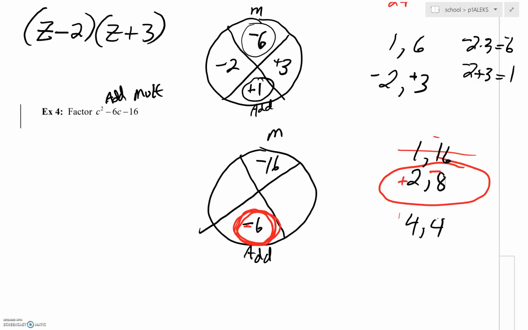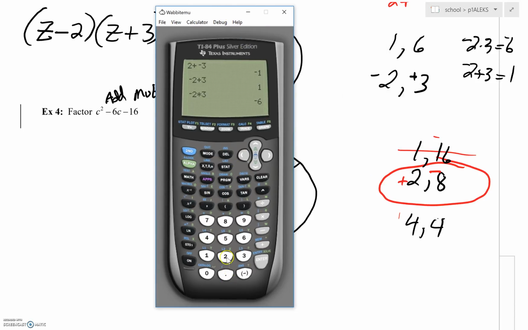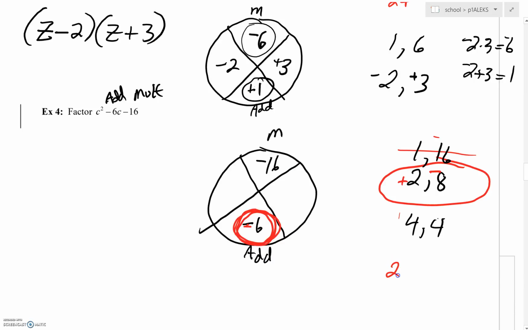And guys, sometimes kids just want to guess and check, and that's okay too. You can go 2 plus -8, and you can see that's going to do it. 2 plus -8 is how you get to -6. 2 times -8 gets you -16. It's these two numbers here that make the combination work.